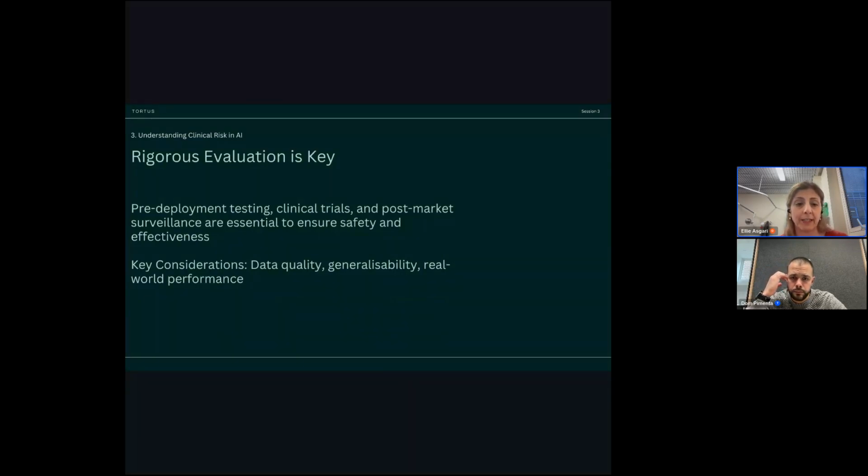And some of the things that need to be really considered, as I mentioned earlier, is the quality of data. I always think about what kind of data the AI tool you're planning to use has been trained on. Is it generalizable? And see how it performs in the real world and assess its performance.